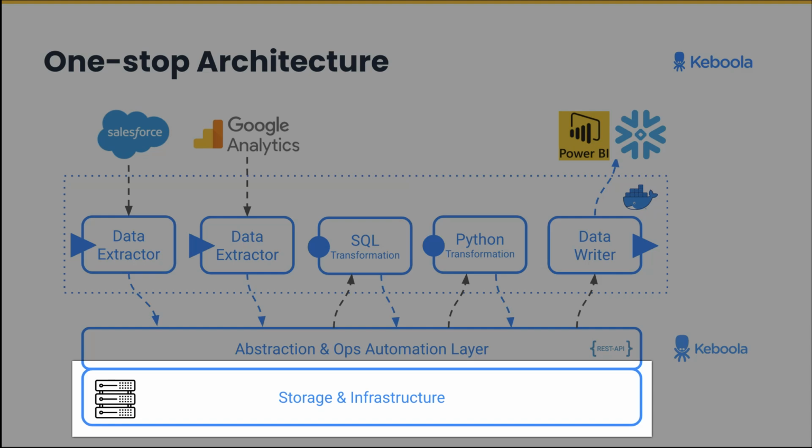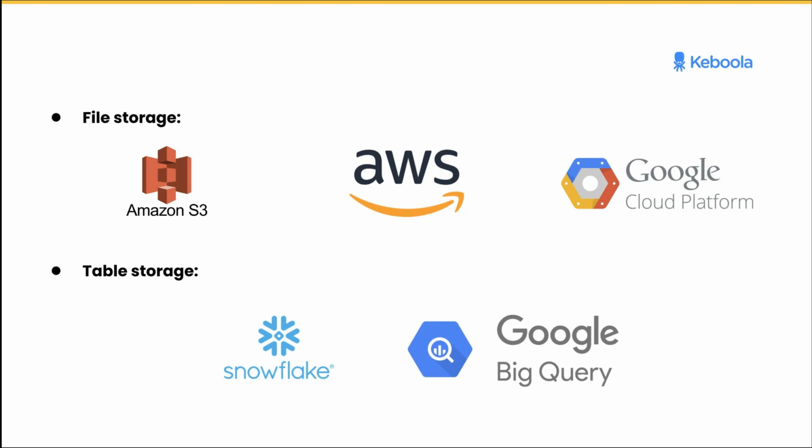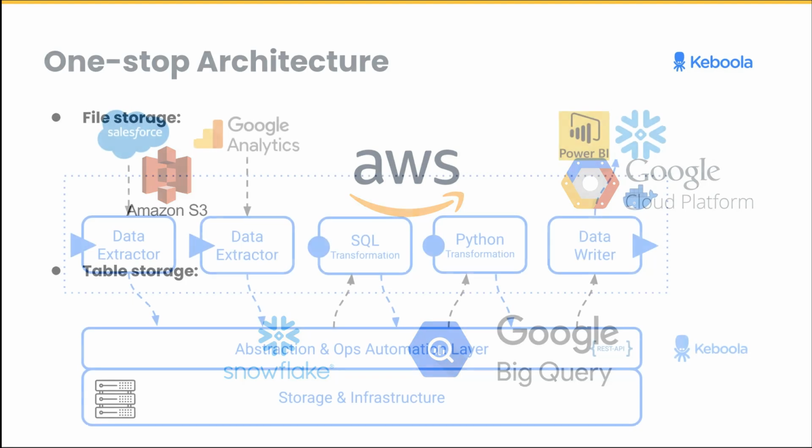While Keboola provides this integrated storage, some clients may opt to use their own storage solutions. Keboola supports various storage technologies: Amazon S3, AWS, and GCP for file storage, and Snowflake and BigQuery for table storage. The database system behind the table storage is referred to as a backend.